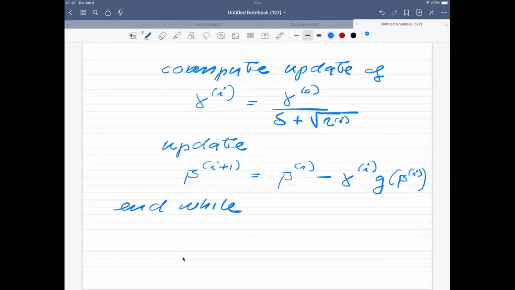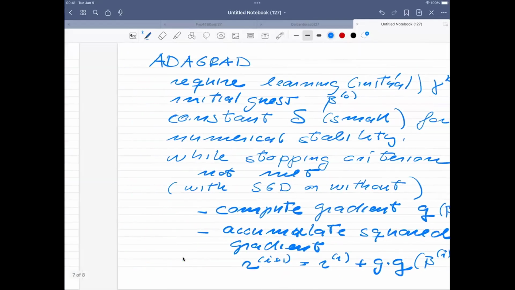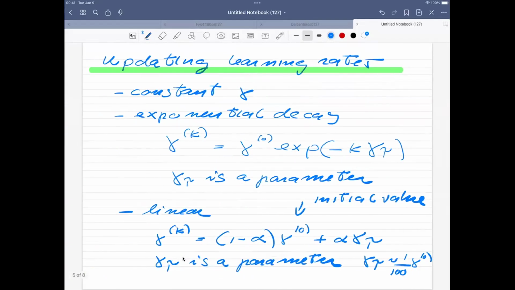So if you go back to what we had here, these simpler methods, like an exponential decay or linear update, they all involve some way of modifying the learning rates, except that these first three simpler ones don't have any information about the gradients.